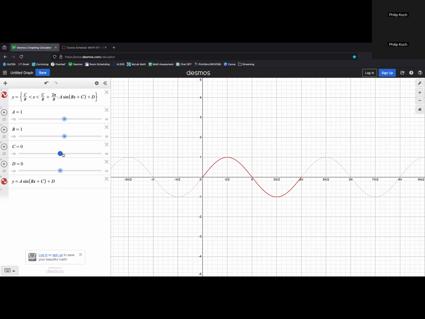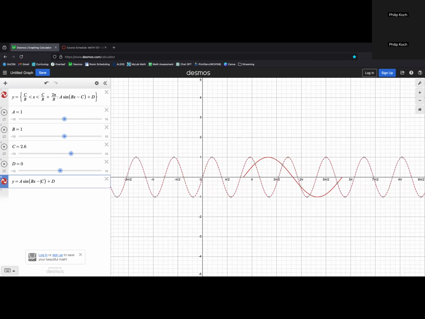And then C is the phase shift. If I make C positive, you'll see that it shifts to the right. The graph doesn't look like it's changing too much, but remember, we're following what's happening to the solid red line. Oh, oops, that's supposed to be a minus C. Sorry. I know, it's terrible.